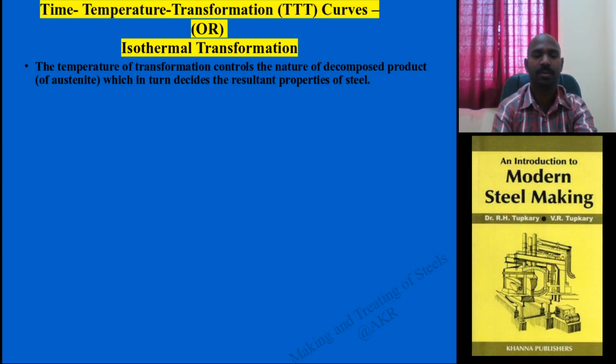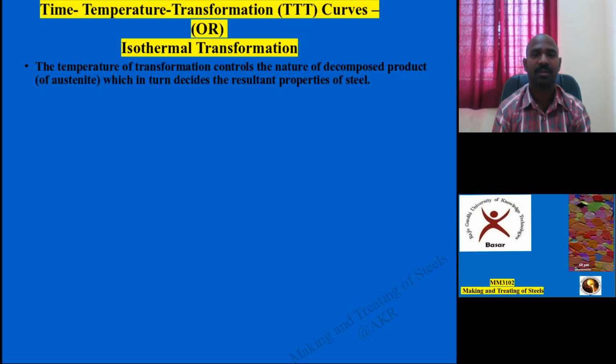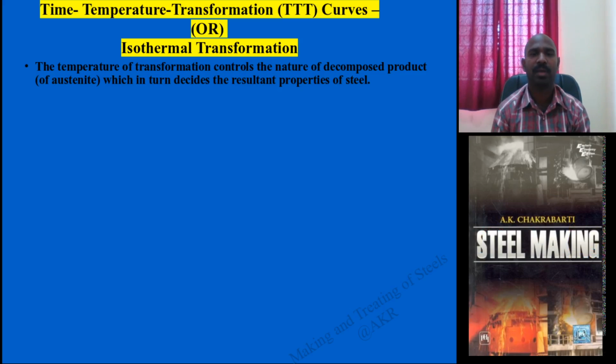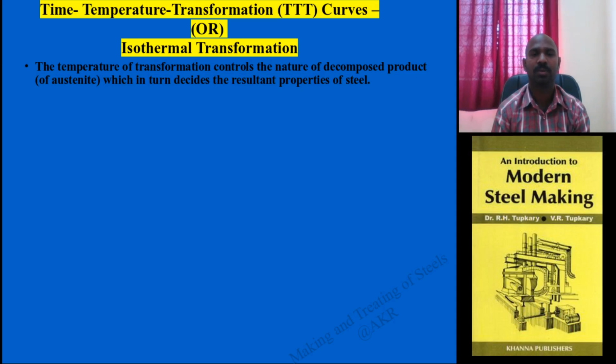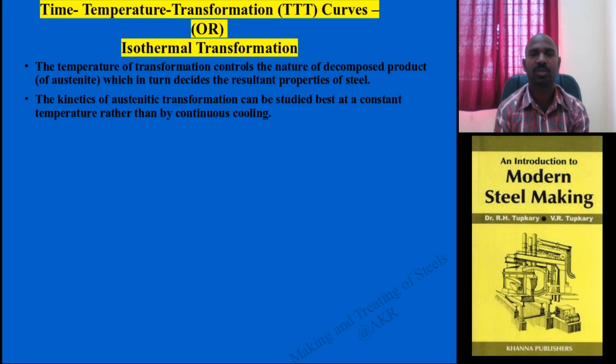Austenite is decomposed into other phases such as bainite, martensite and non-equilibrium pearlite, which give the resultant properties of steels for various applications: wires, bake hardened steel, transformation induced plasticity steel, twin induced plasticity steel. All those things are studied by these particular curves, mainly the kinetics involved in austenitic transformation.